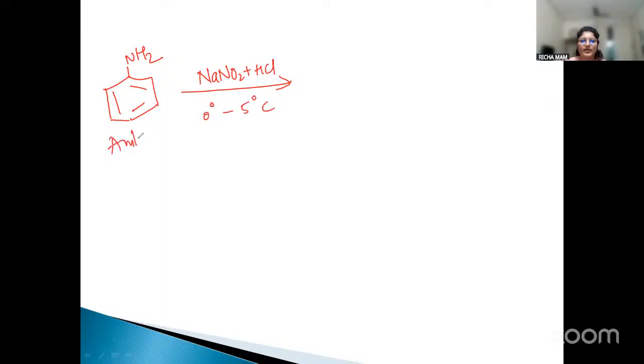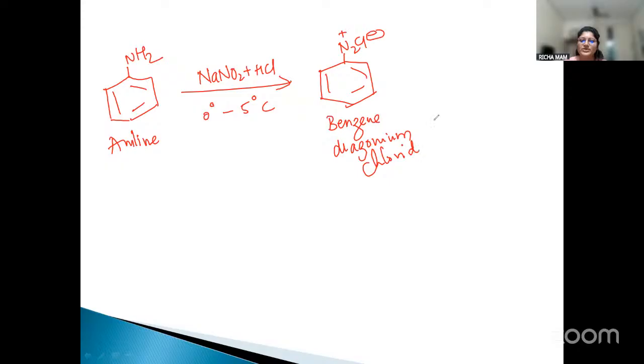When you treat aniline with NaNO2 plus HCl at 0 to 5 degrees Celsius, I'm going to get N2 plus Cl minus, that is called benzene diazonium chloride, plus NaCl plus H2O. Like this, I'm going to form the benzene diazonium chloride.